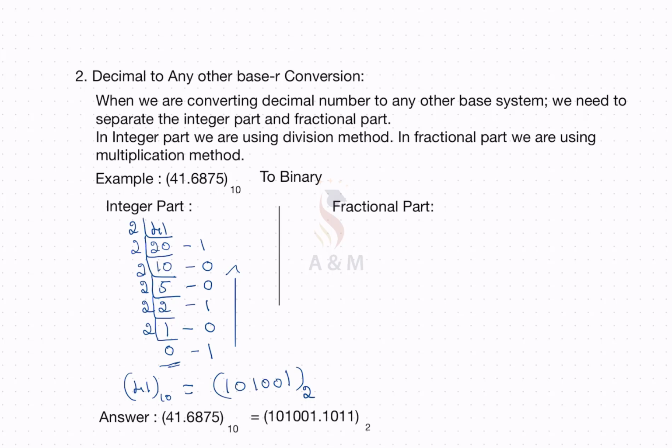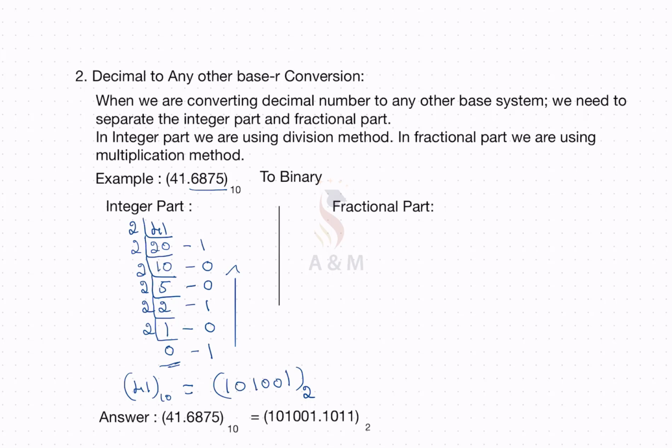Let's consider the fractional part, that is 0.6875 into 2. When it comes to the fractional part, we use the multiplication method. Here, whatever the fraction is, we have to multiply with the base.